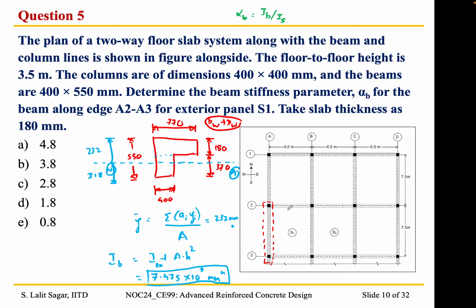Okay, so I will show you. When we are considering the slab dimensions, this width would be 3200, and the depth would be 180.